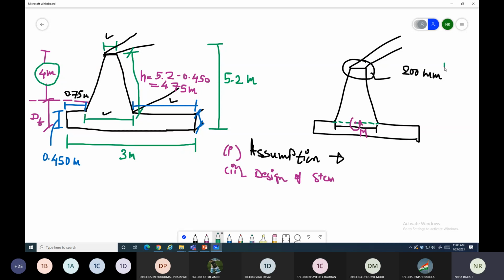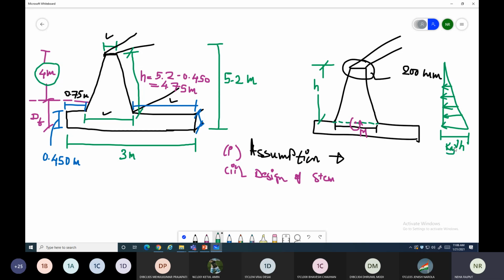Suppose this is the stem, I have the height of the stem. So I can easily draw the active pressure diagram. From here I draw the active pressure diagram. So this is my active pressure diagram. And this is my K gamma into H. So I have this H value.